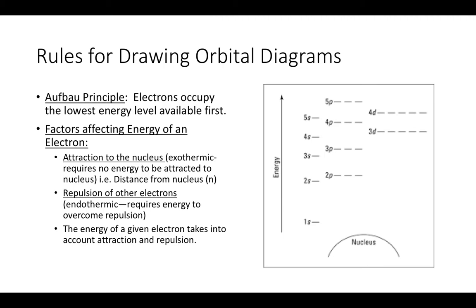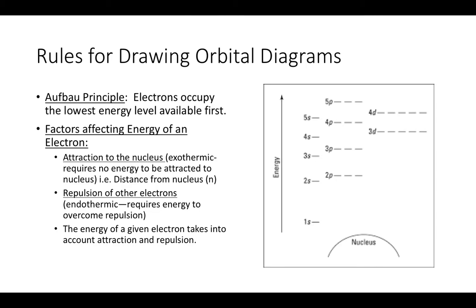We fill a 4s before we fill the 3d. So you can kind of think of it this way. If we're at the third energy level, we have 2 electrons in the 3s orbital, 6 electrons in the 3p orbital. So in the third energy level, we already have 8 electrons. That is quite a bit of repulsion.